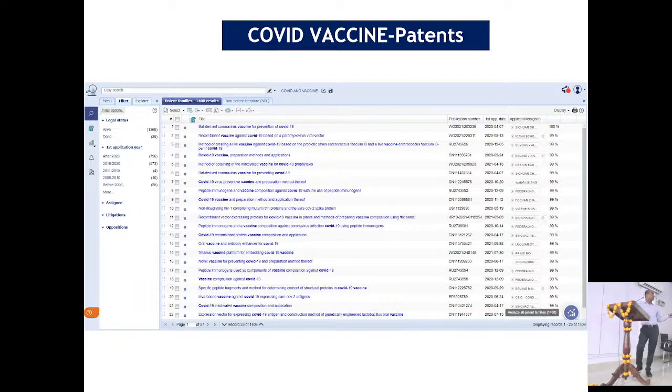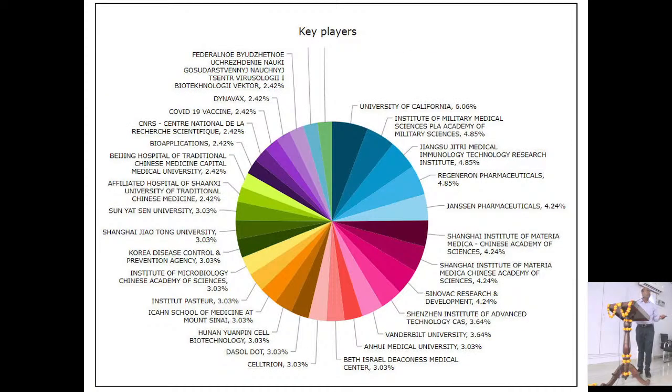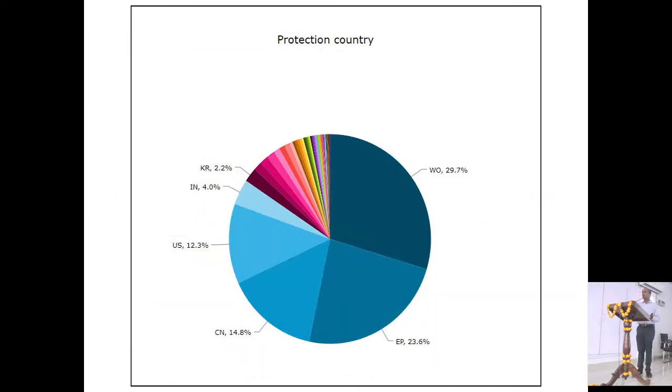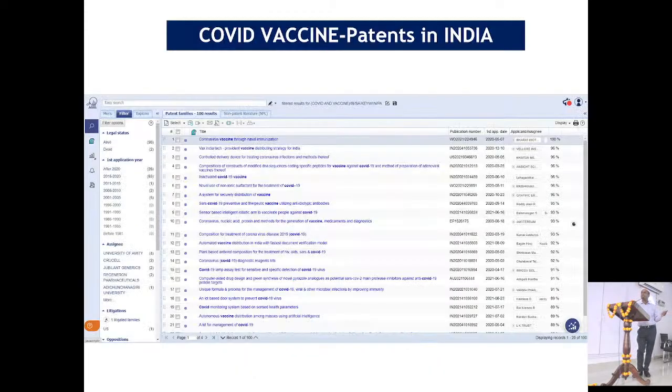And within India, there are about 100 patents. I will just show you. There were about 100 patents filed on the subject of COVID vaccines in India itself. That means even in India, a lot of research work was going on. And basically, vaccines will come out as teamwork between chemistry, biology, and some others. Yes or no?